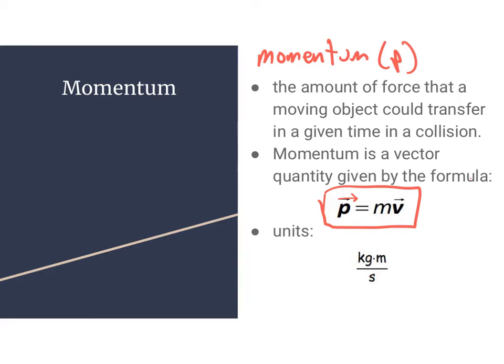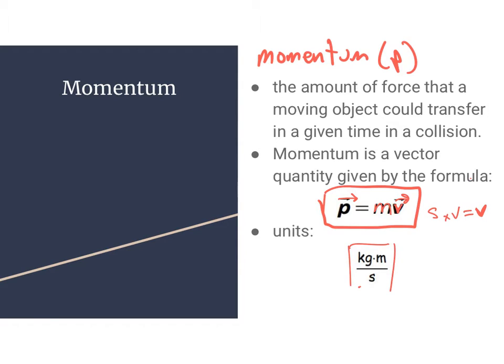It's the product of an object's mass times its velocity. And we see that velocity is also a vector. And I think we've mentioned it at times through this year, but a scalar times a vector gives us a vector. And unlike Newtons, which have our fancy kilograms times meters per second squared equaling Newtons, there isn't a derived unit for momentum.